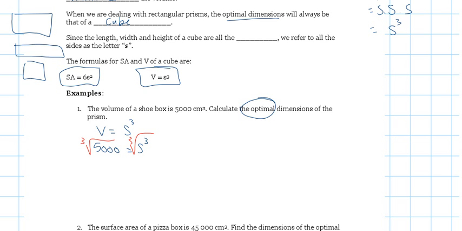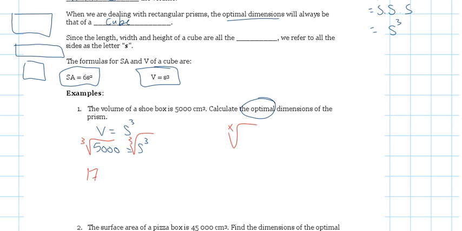On the calculator, you'll probably see something that looks like this. Some calculators already have the cube root, and some calculators don't, so it depends on what type of calculator you have. Okay, so cube root of 5,000 gave me 17.1. Oh, you guys got that too?